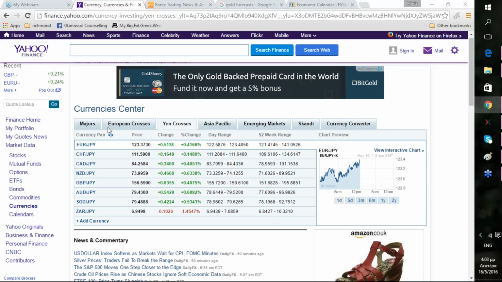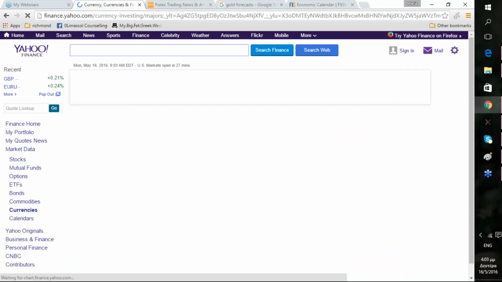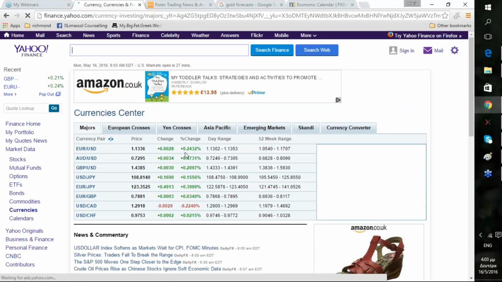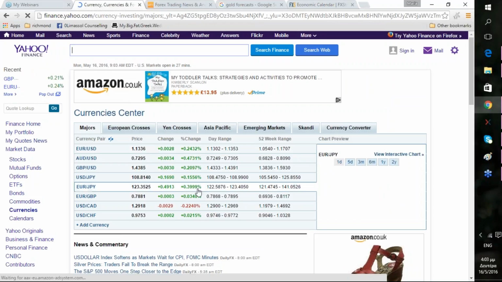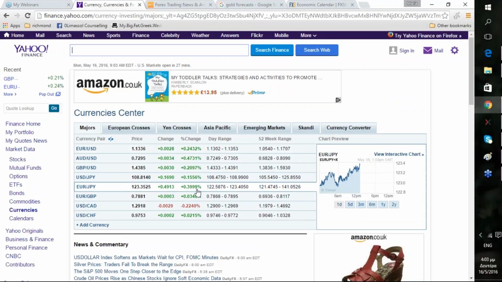If it's majors, click on majors, and you can see that the highest number is 0.3, almost 0.4. That's for the euro versus the JPY.